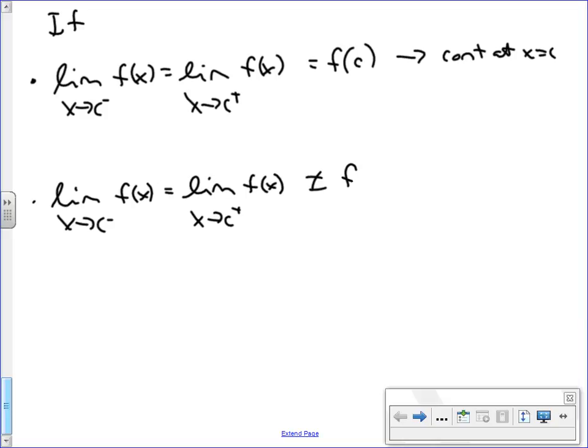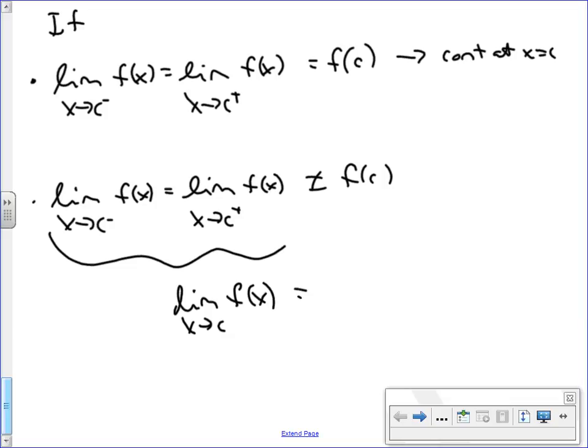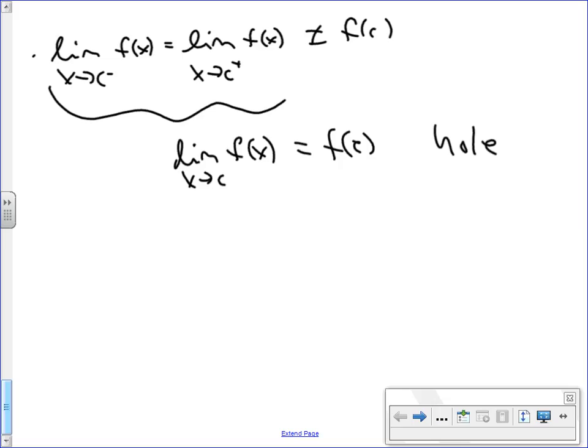But if it does not equal f of c, then the limit as x approaches c exists, but it does not equal the value of the function. Then what you have is a hole. Okay? If f of c actually exists, then you have a hole with the crazy point. If f of c does not exist, then you just have a hole with no crazy point.